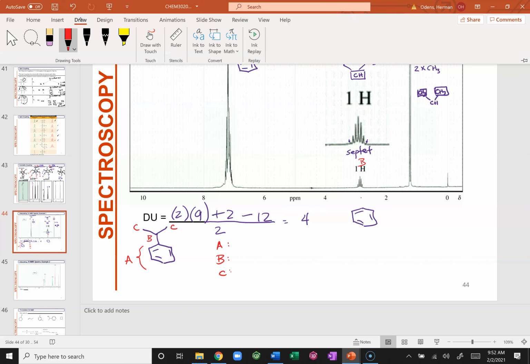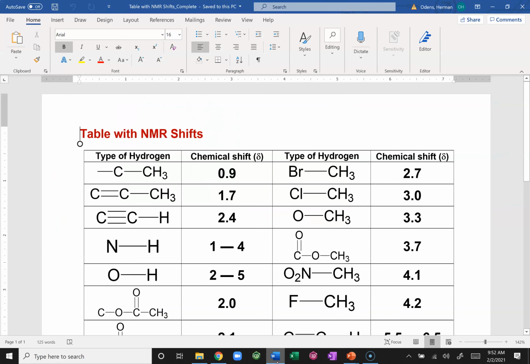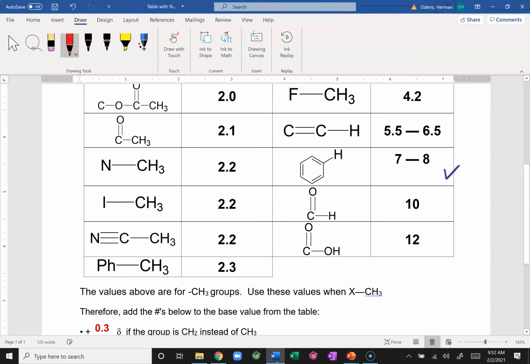So let's say A. For A, we have 7 to 8 ppm, right? That's from the chart. Maybe I should point out the chart in case. So we're looking at this signal right here.